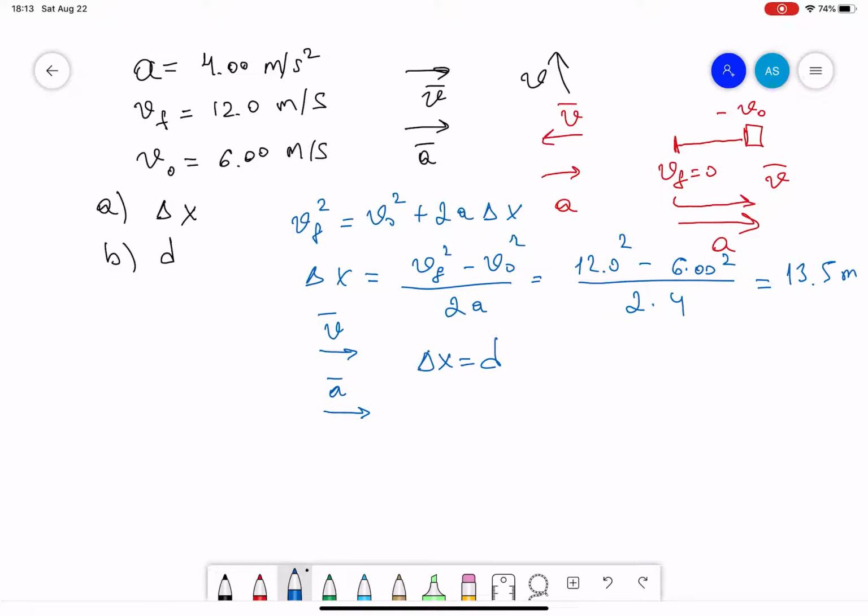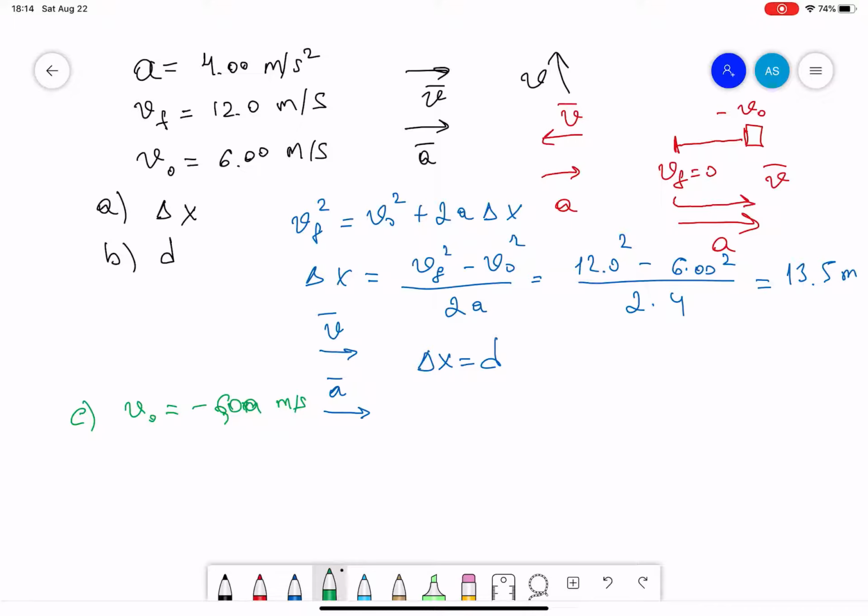Let me write down here. Okay, in part C, if the initial velocity v initial is equal to minus 6 meters per second, then what is the displacement during the time interval?